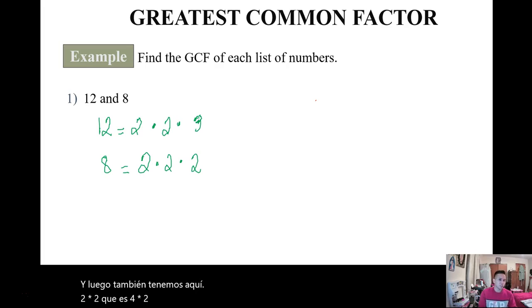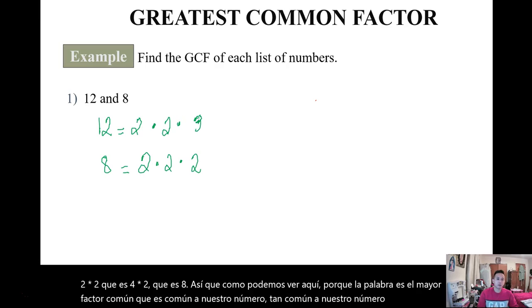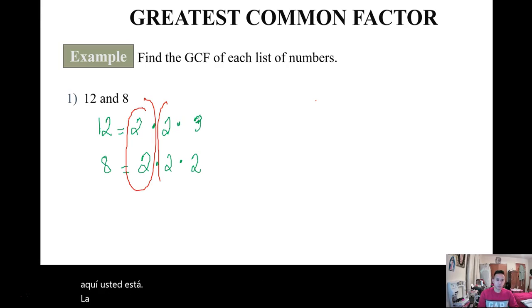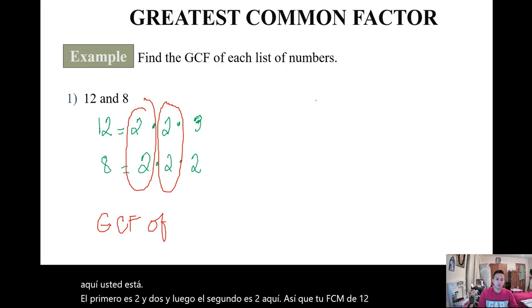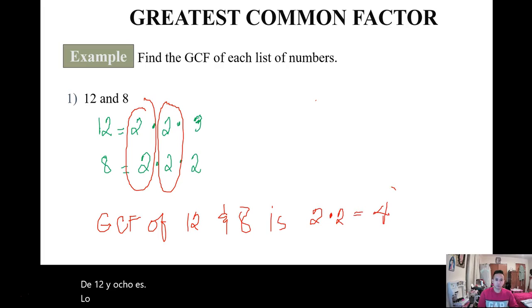So as we can see here, because the word is greatest common factor, we look for what is common to both of our numbers. We have here 2 and 2 in the first, and 2 and 2 in the second. So the GCF of 12 and 8 is 2 times 2, which is equivalent to 4.